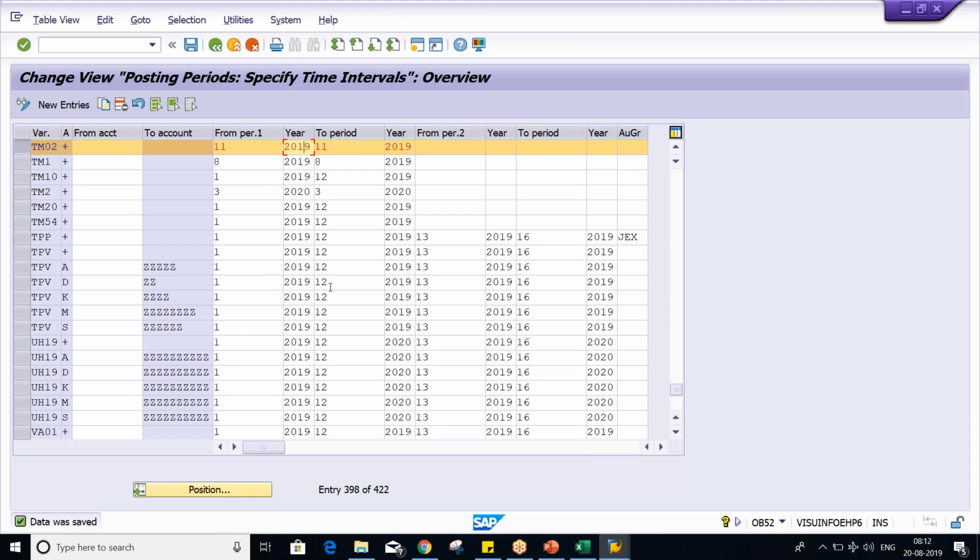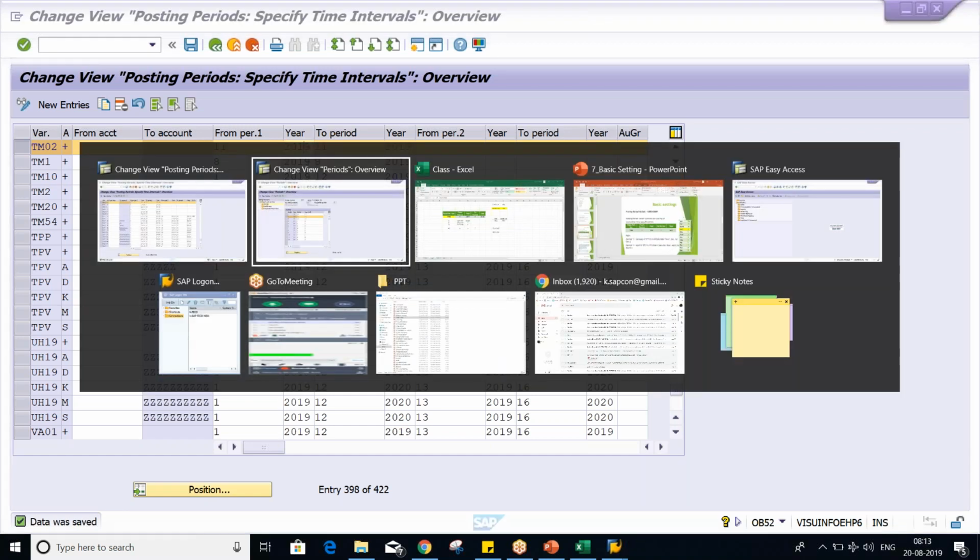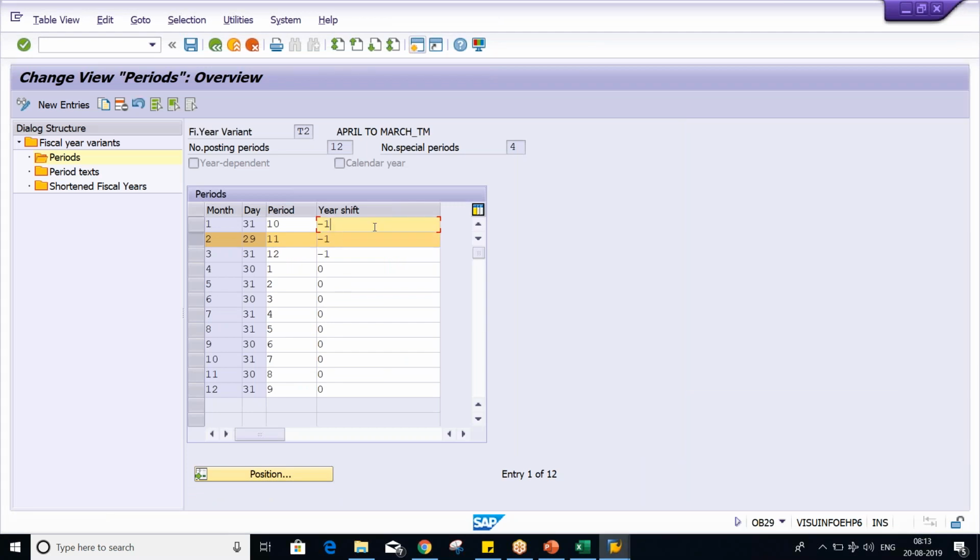So this is the exact use of year shift, guys. Year shift, generally, is always going to be used in the case of a non-calendar year. Okay, and year shift means what, guys? It could be specified either in minus or plus, in both cases. Try to understand this. If instead of -1 you give -2, then what will happen, guys?